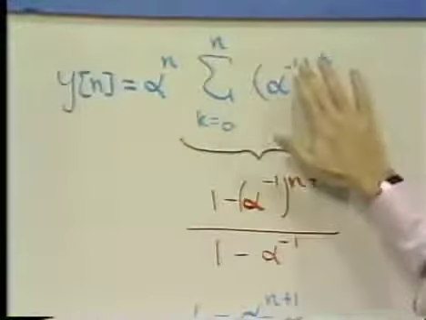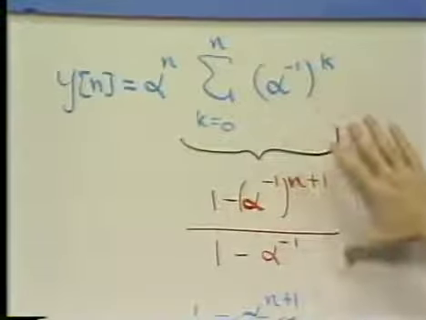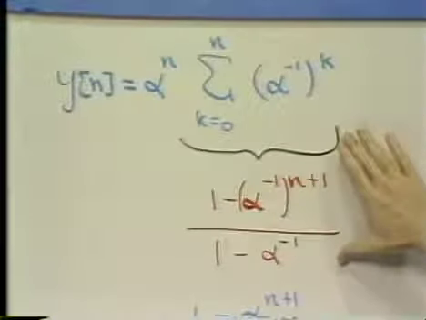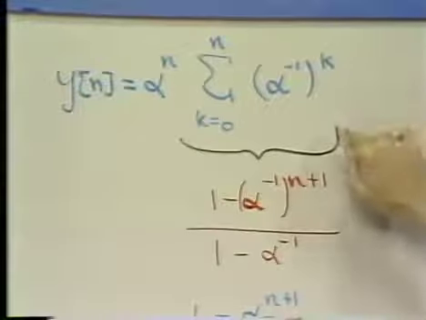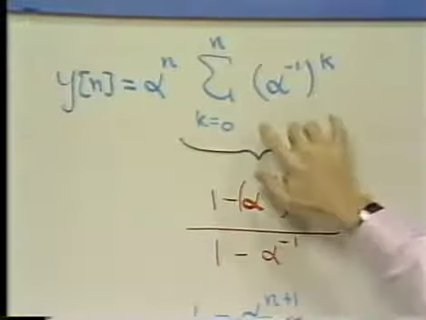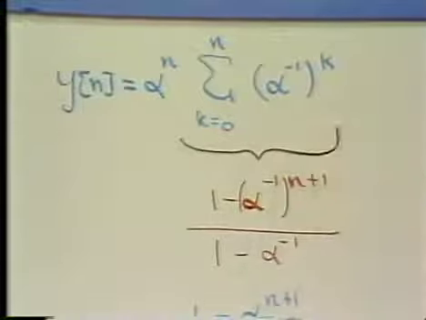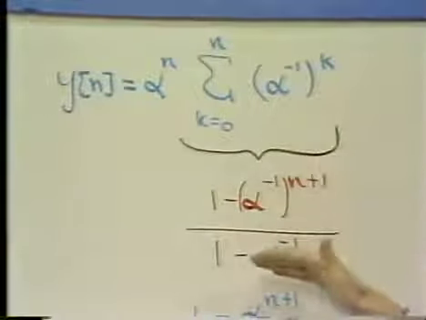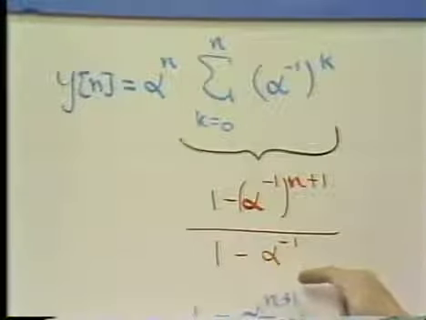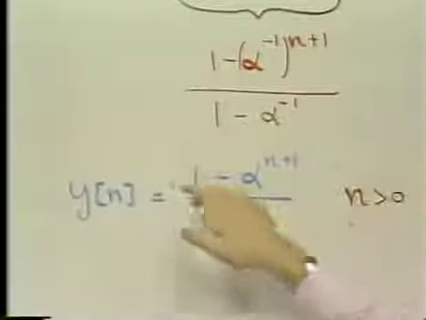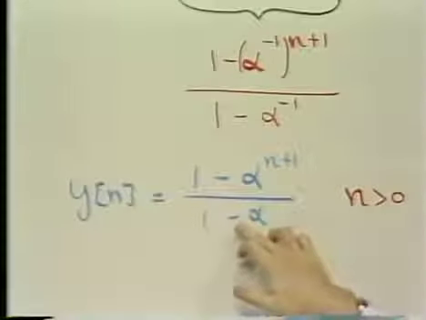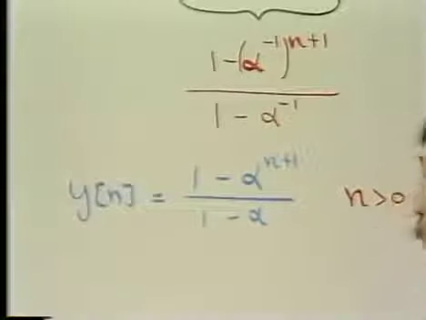This plays the role of beta in the expression that I just presented. And so using that result, we can rewrite this summation as I indicate here. And the final result that we end up with after a certain amount of algebra is y of n equal to 1 minus alpha to the n plus 1 divided by 1 minus alpha.